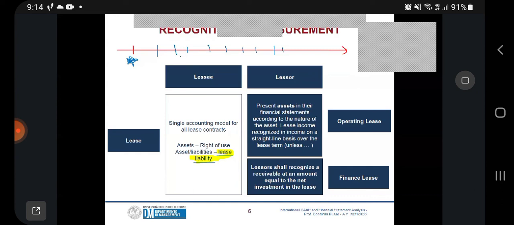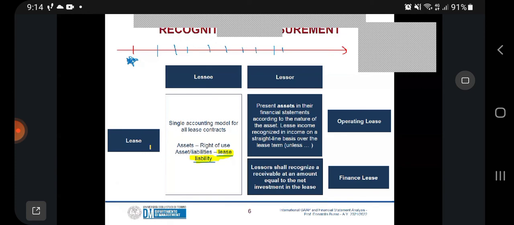But if we recognize a debt, a lease liability, in the balance sheet, right side, we need to recognize something in the balance sheet, asset side. So in this case, we need to understand why we have a debt. What is the reason for having a debt?